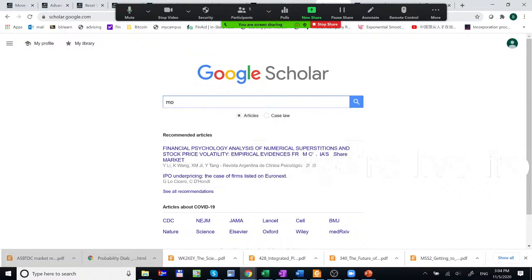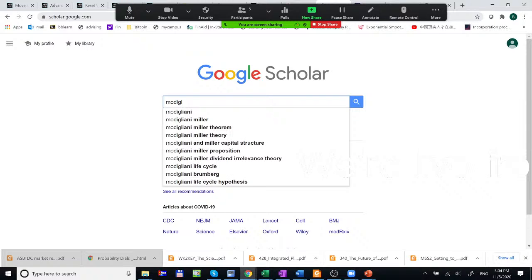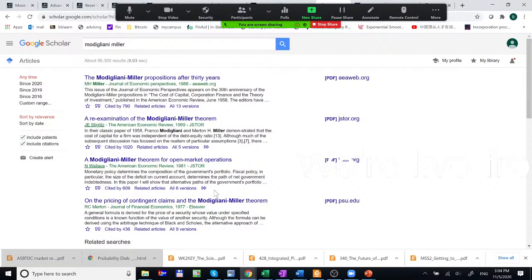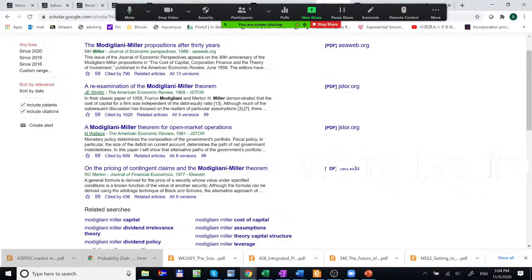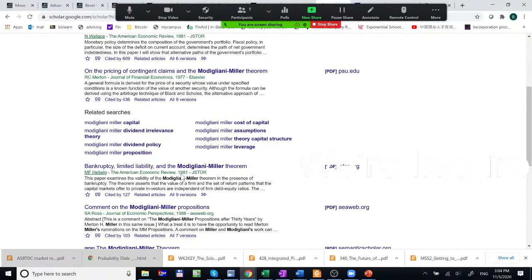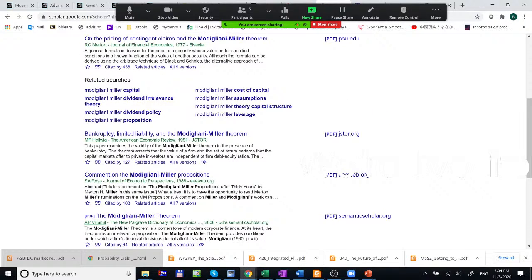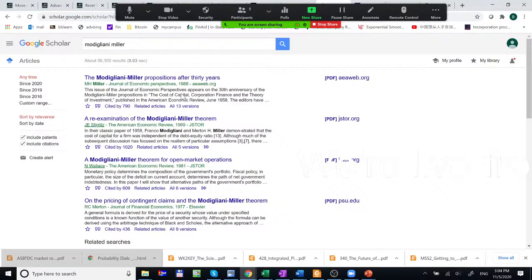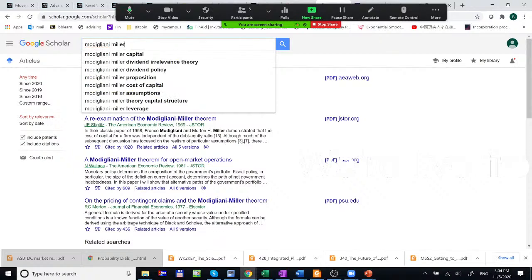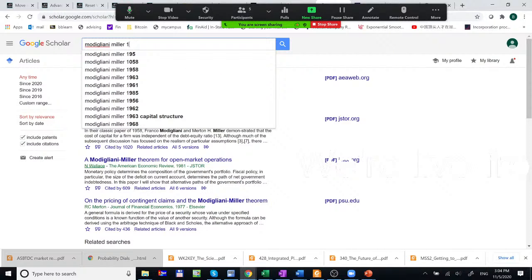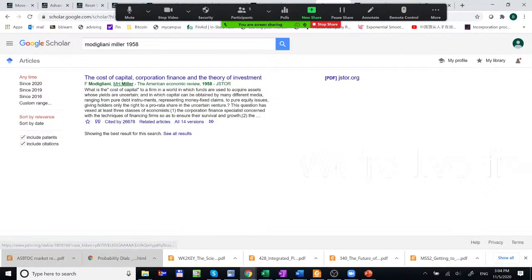Modigliani. So we'll look at their original paper. I believe it's 1958. That's the paper.